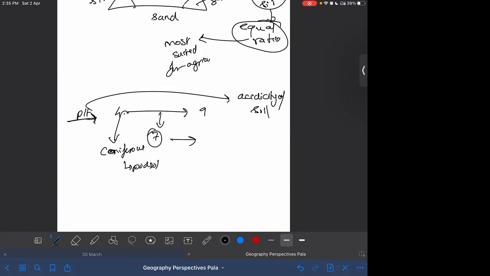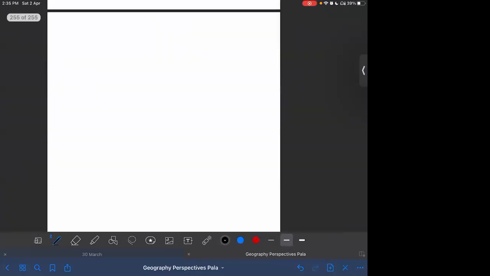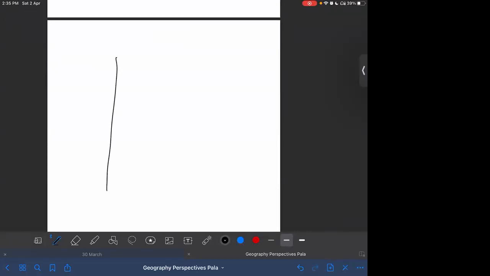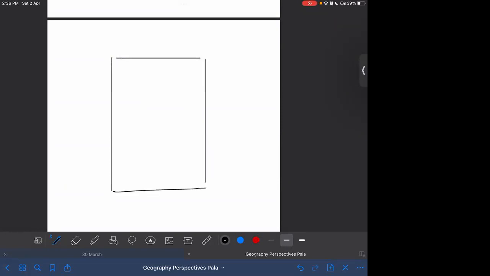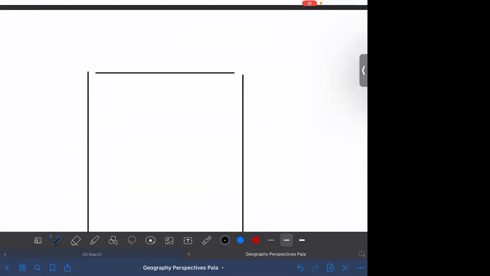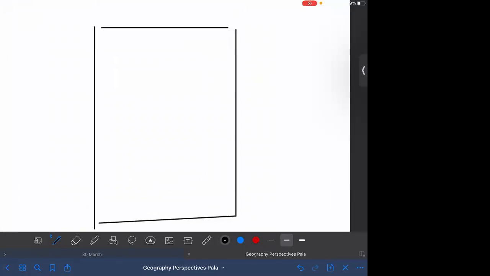In general, the soil is divided into a number of layers which are known as soil horizons.